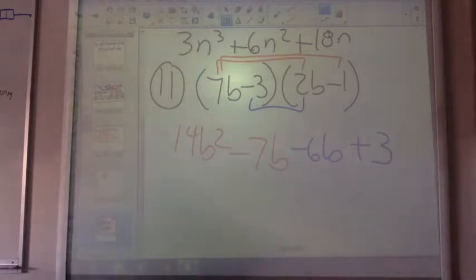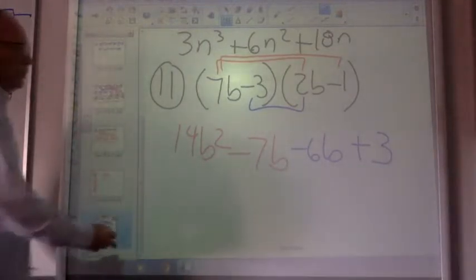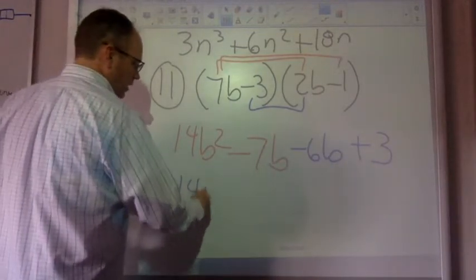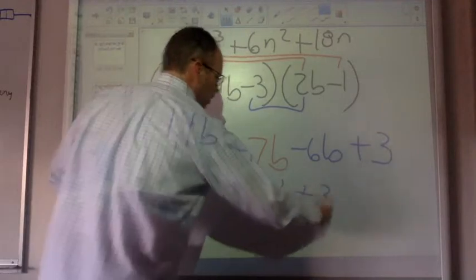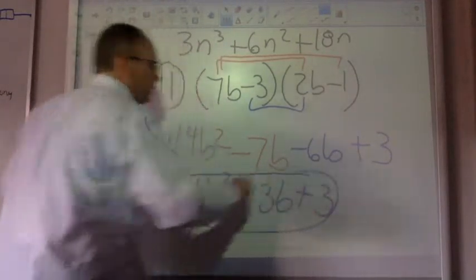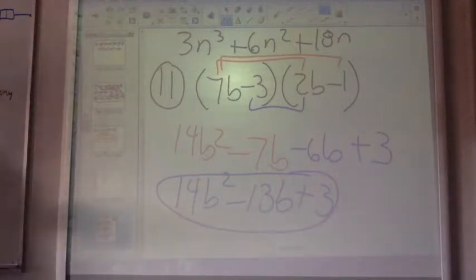I do. I have negative 7b and negative 6b that I can combine together, so I get 14b squared minus 13b plus 3. There's your answer to that one. What did the b negative? Nope. 7b times 2b is 14b squared. Right? Okay.